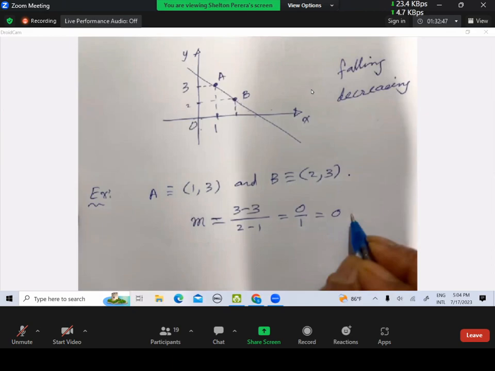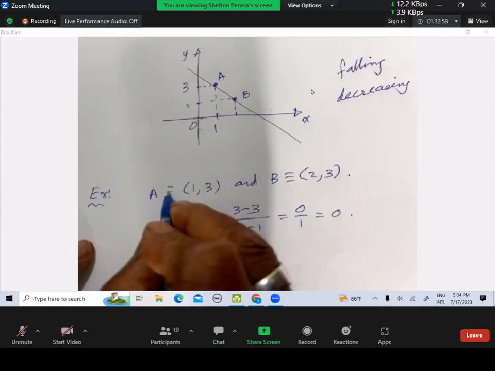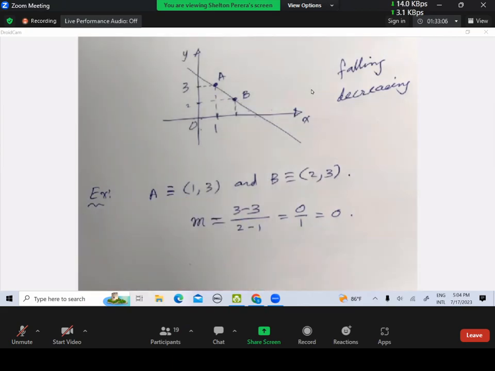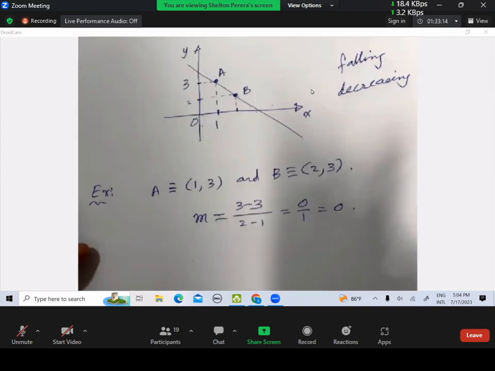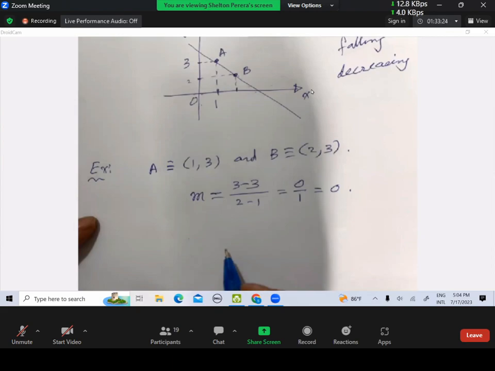X, Y, (1, 3) is point A, and B is (2, 3), same y coordinate.